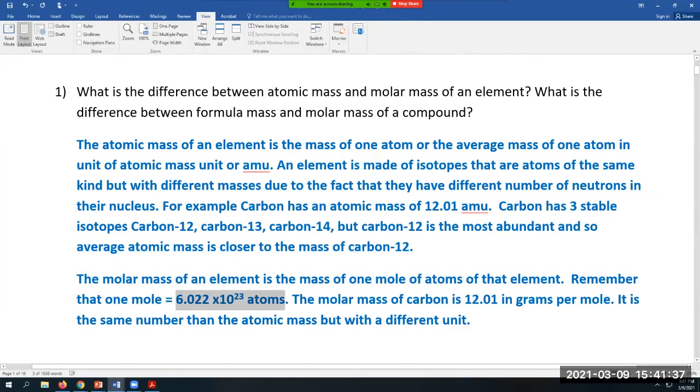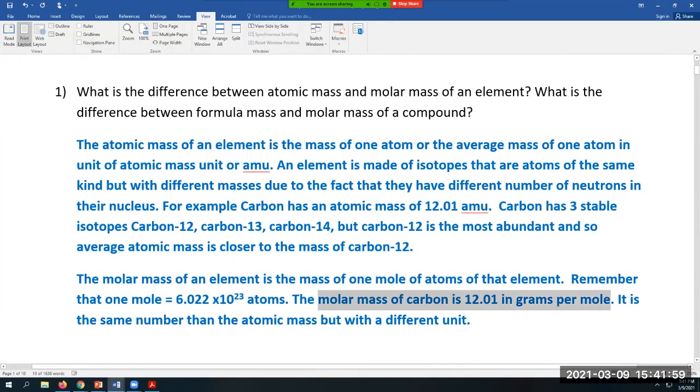And it happens that the molar mass of all the elements corresponds to the same number as the atomic mass. For example, the molar mass of carbon is 12.01, but what changes is the unit. It's in grams per mole.